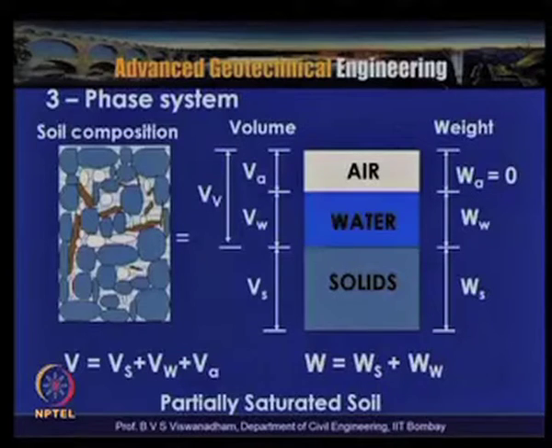If you put volumes on the left hand side, the volume occupied by voids comprises the volume of air and the volume of water, plus the volume of solids. So, volume of voids plus volume of solids is the total volume. V is equal to VA plus VW plus VS, and the total weight is equal to the weight of solids plus the weight of water. This is the case for a partially saturated soil.